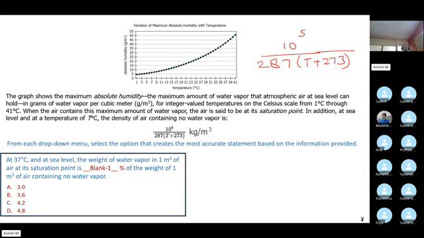Obviously, if you look at it, there is a positive correlation between temperature and absolute humidity, which means the higher the temperature, the more water vapor atmospheric air can hold. This is shown from 1 degree to 41 degrees.